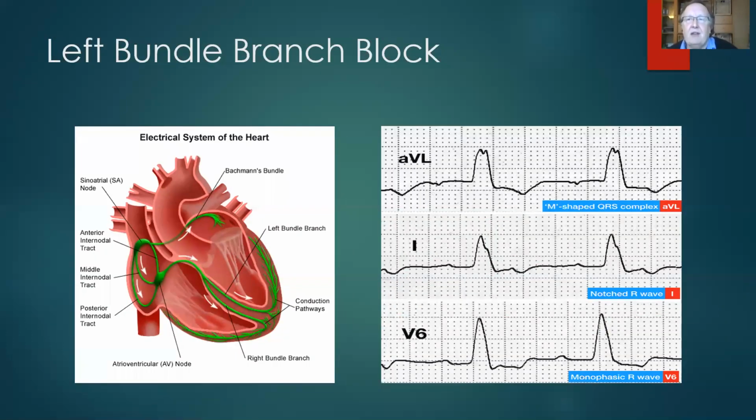Here we have left bundle branch block, and as we know, this can be indicative of a patient having a heart attack or an old heart attack. And here we have a situation where the right side of the heart is going to struggle to make the left side of the heart work. And so our QRS complex is going to be much broader and wider.